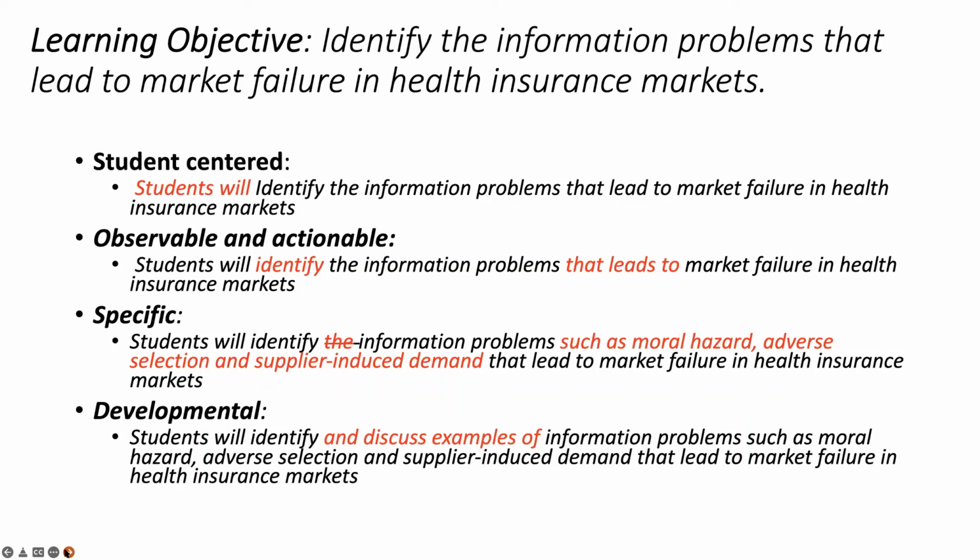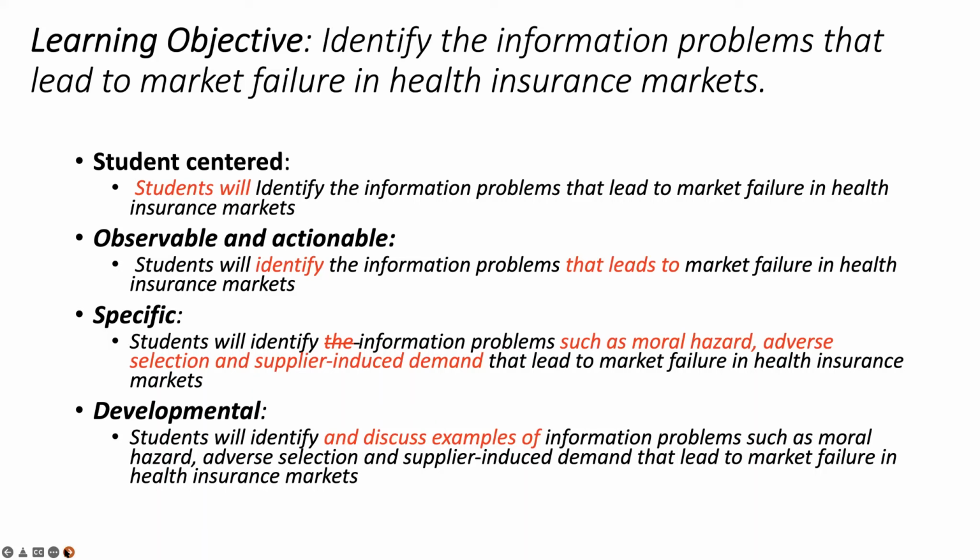I can't seem to change that. I think identify serves as a good action verb for what I want my students to be able to do for this particular task. So that's why I'm showing that identify is my learning verb there. And I'm still keeping market failure in health insurance markets.